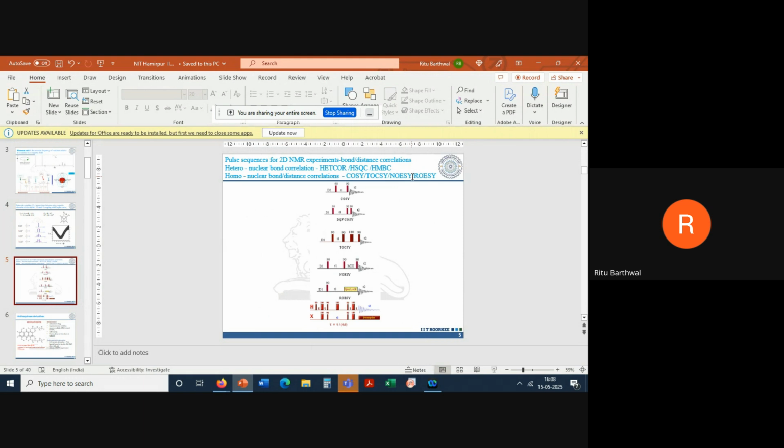Otherwise, we have to do it one by one by selecting, and there will be overlap of resonances and difficulty. So a lot of two-dimensional NMR techniques have been developed in the last many years, by which we automatically get this correlation. I will show you what the correlation looks like in a 2D NMR experiment. 2D NMR experiments have 2-3 pulses in them.